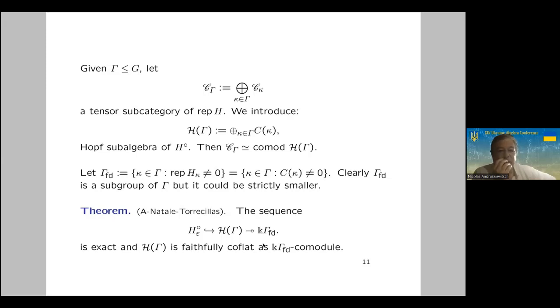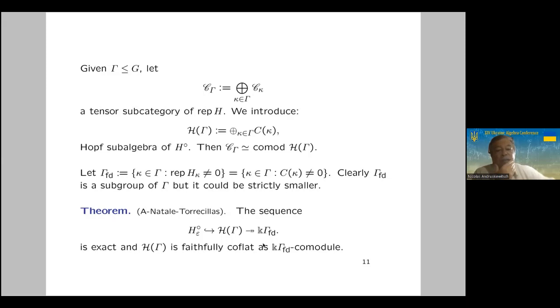Since gamma is a subgroup, this is a tensor subcategory of rep H. Therefore, I will take H gamma as the direct sum over all kappa in gamma of the subcoalgebra C kappa that I introduced in the previous slide.